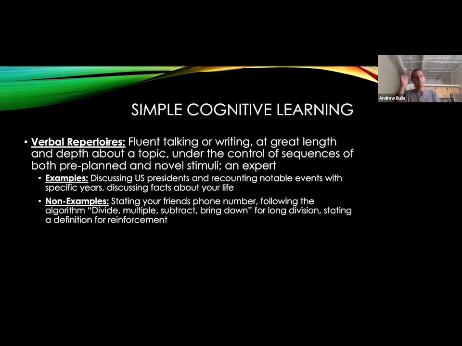The most complex within simple cognitive learning are verbal repertoires. Those are fluent talking or writing at great length and depth about a topic under the control of sequences, both pre-planned and novel. So just like kinesthetic repertoires, this is going to be ever-changing, with novel, never-before-seen patterns of behavior.